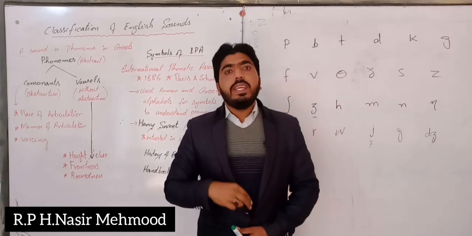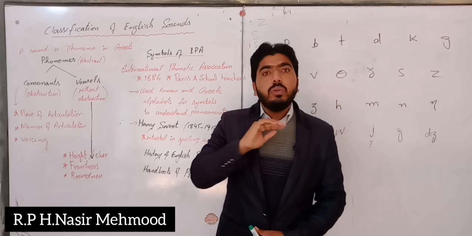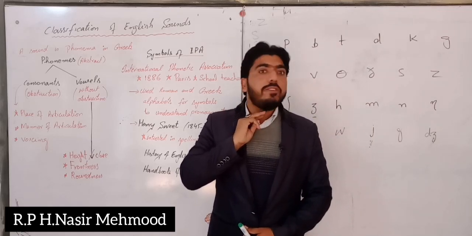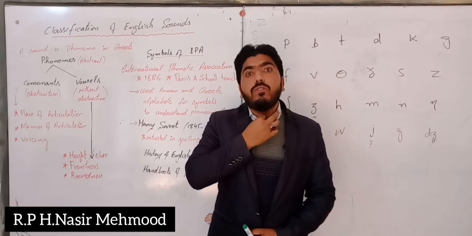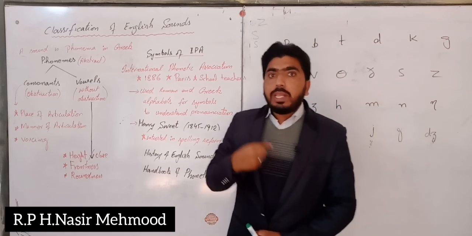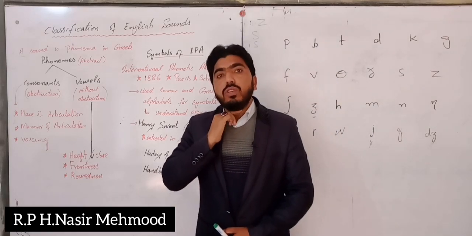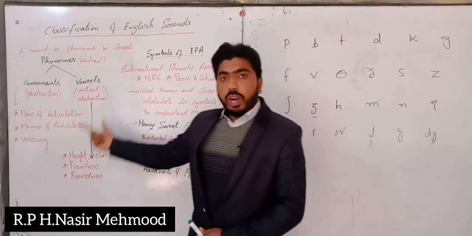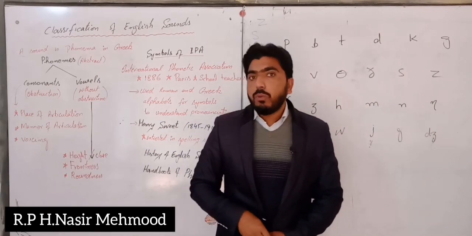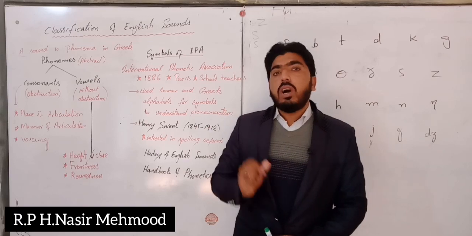You will see the vibration here. You can put your hand at this place and feel the vibration in the vocal folds, in the vocal cords. So the sounds which are produced with the vibration of vocal folds are considered voiced, and those sounds which are produced without vibration of vocal folds are considered unvoiced.